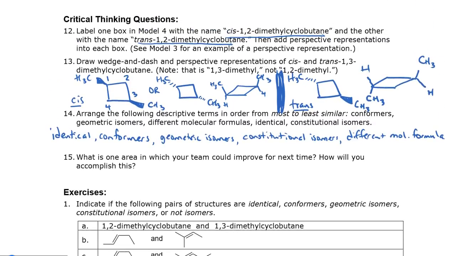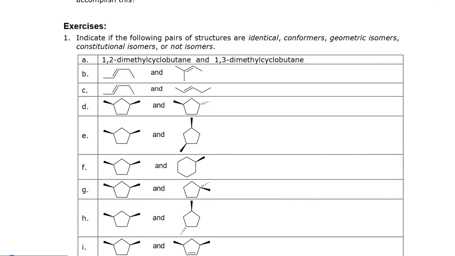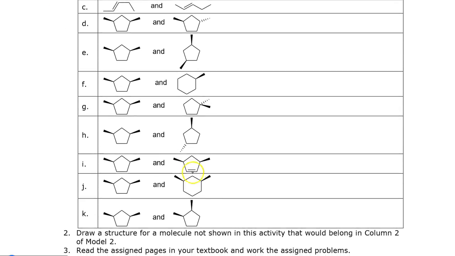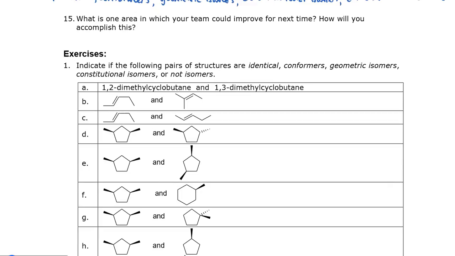If you are stuck, what you should do is try to name the structure. Now we haven't learned how to name all of these yet, but most of them we have, I think, except for the alkenes, which we'll learn tomorrow or in the following chem activity. So try to name them, because if they come up with different names entirely, they can't be isomers. If they come up with different connections of the groups, right, that's going to give you a hint.